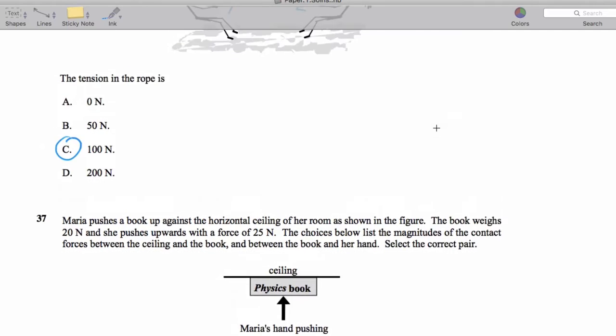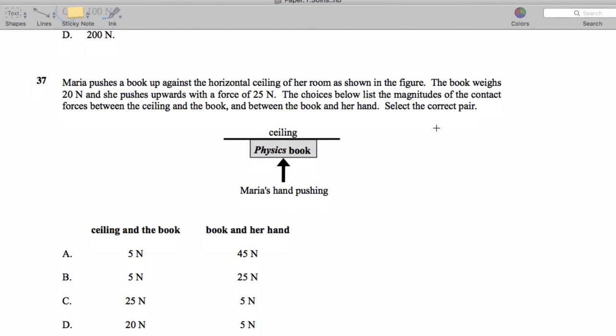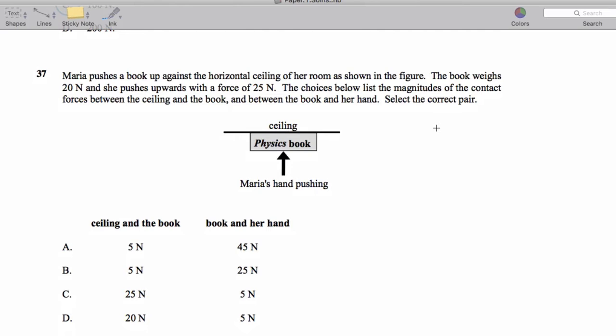So, number 37. Maria pushes a book against the ceiling of her room. The book weighs 20 newtons, and she pushes upward with a force of 25 newtons. So let's just look at a free body diagram for the book. First, I've got the force on the book from her hand.